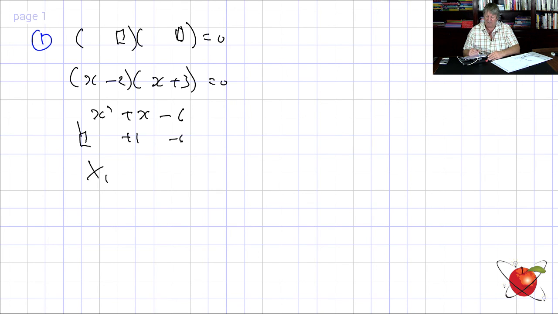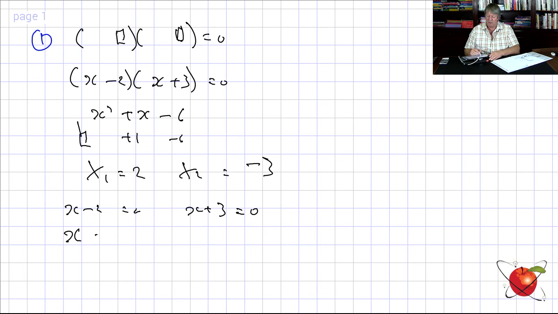The calculator would give us x1 equals 2 and x2 equals minus 3. Remember, that comes from the calculator saying x minus 2 equals 0, x plus 3 equals 0. Then it solved and gave you your 2 and your x equal to minus 3.